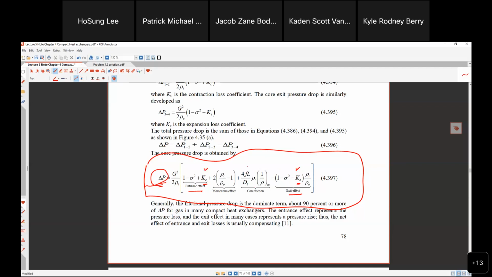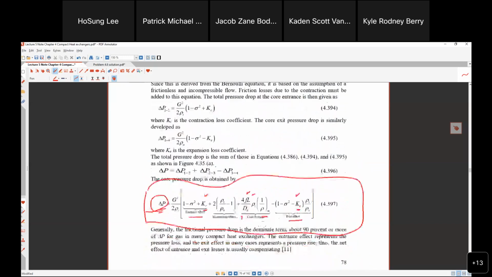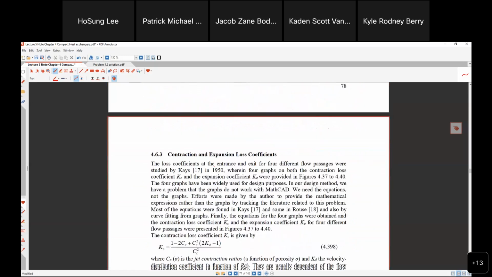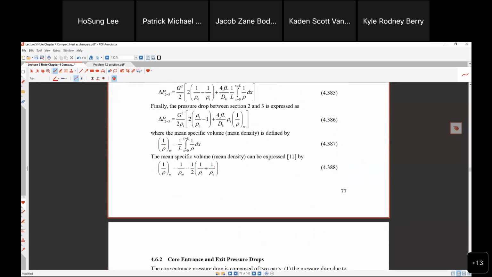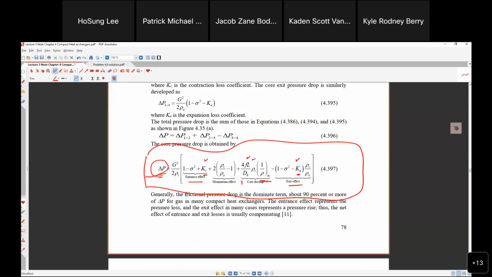Otherwise, we know the mean density. Mean is just average. The inverse of the mean is the inlet and outlet inverse densities, halved. That's what we call the mean, so you can calculate mean density, no problem.